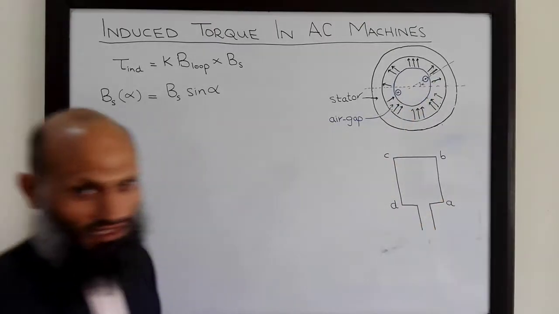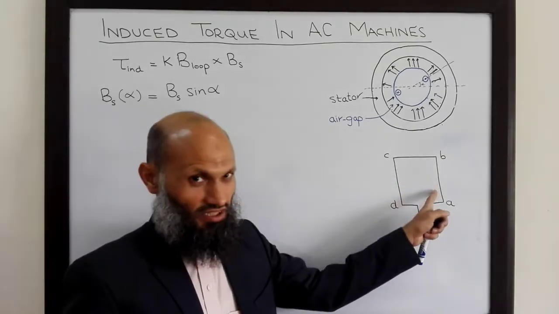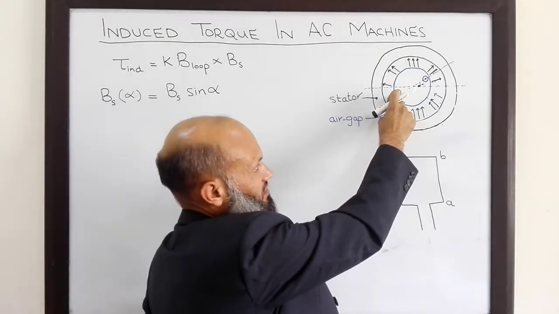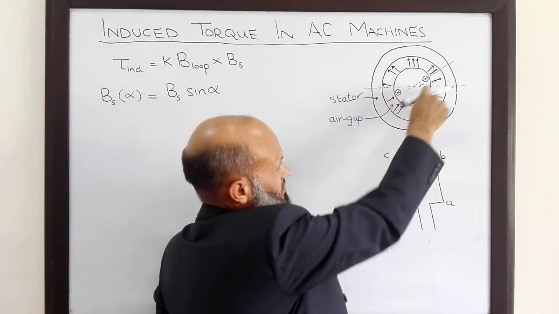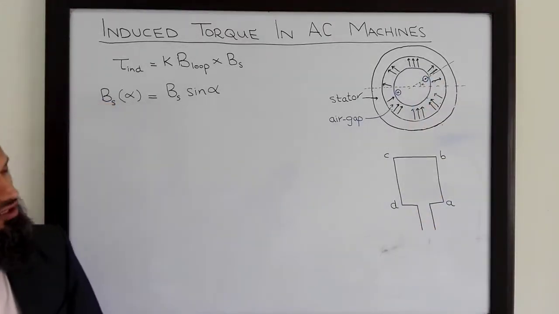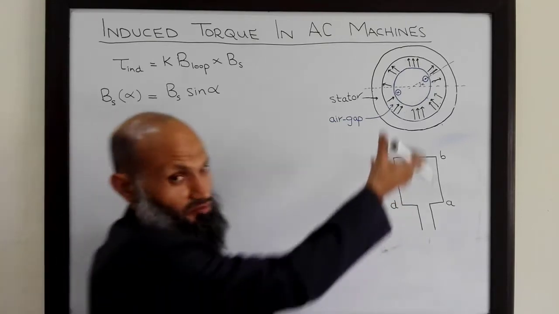This front end is also not shown. This coil is supplied with some current, and the polarity of current is indicated in this figure. That is, it is into the surface of the board in this conductor, and out of the surface of the board in this conductor. We want to derive an expression for induced torque in this machine.